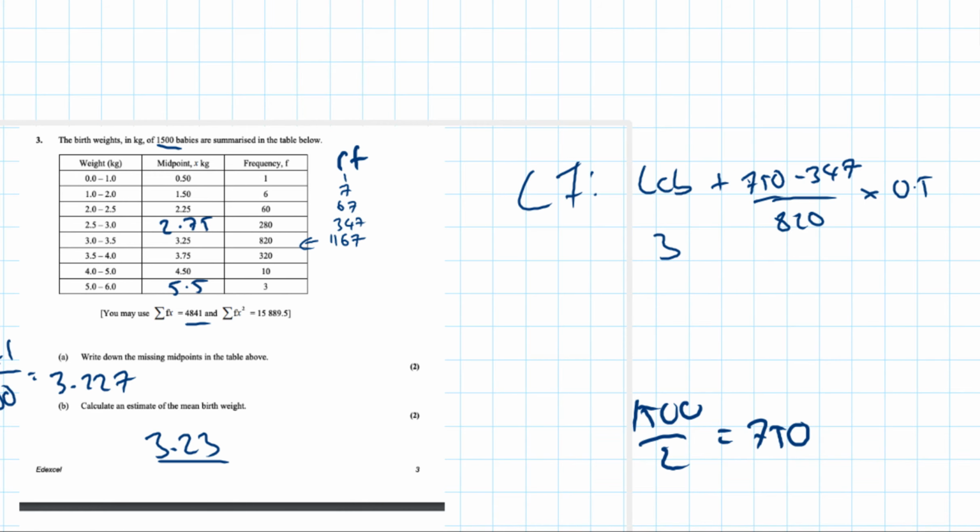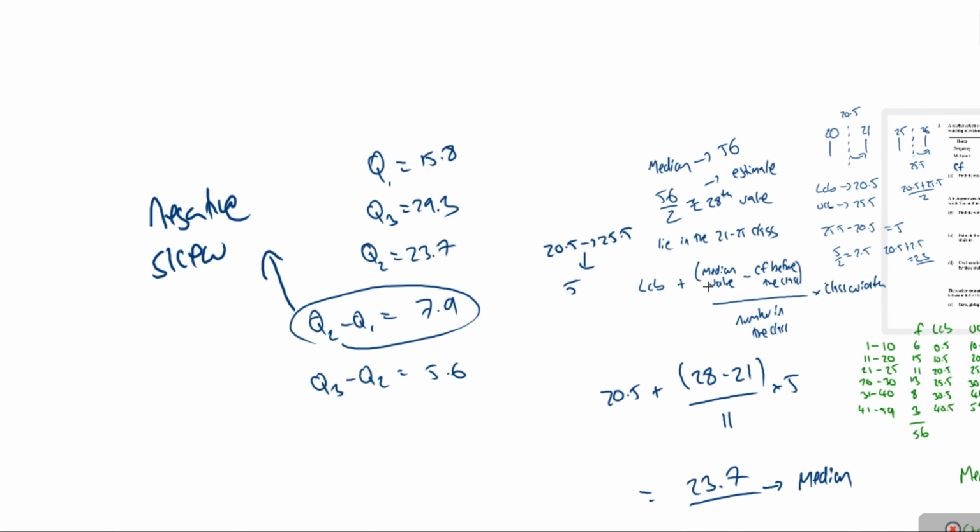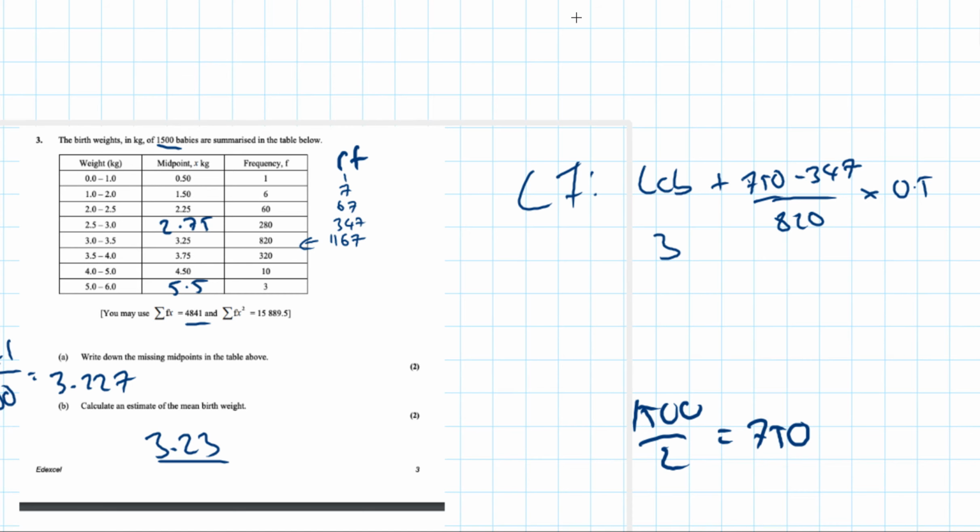To remind you again of the formula, it's the lower class bound plus the median value minus the cumulative frequency before the class, divided by the number in the class, times the class width. So this is going to give you 3 plus 750 minus 347 divided by 820 times 0.5. That gives a value of 3.2457, which is 3.25 as the final answer.